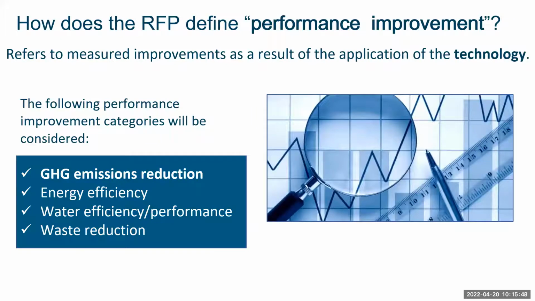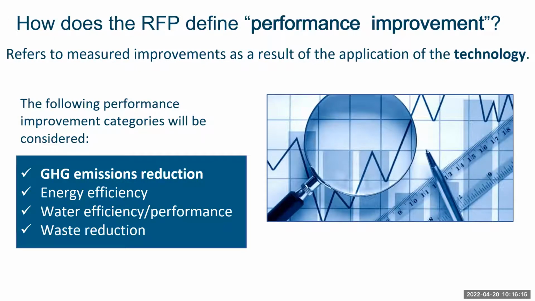So what do we mean when we say performance improvement? And you're going to hear probably everybody here talk about GHG emissions reductions, decarbonization. That's really a priority of the current administration and a priority of the Advanced Manufacturing Office. And in terms of performance improvement, you can think about it in terms of intensity. Really doing more with less.